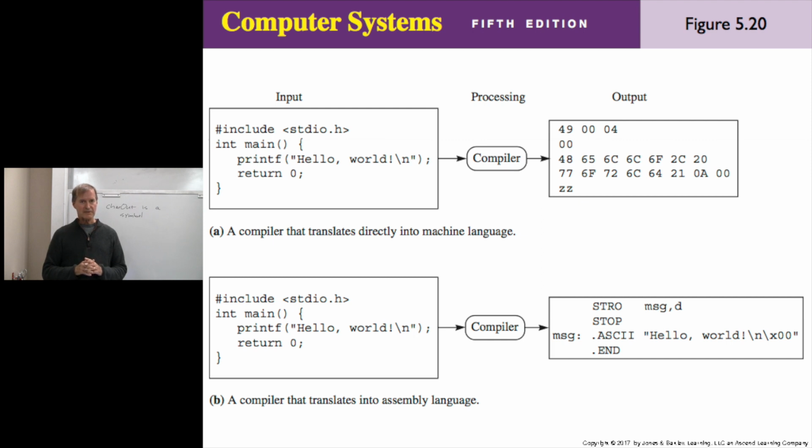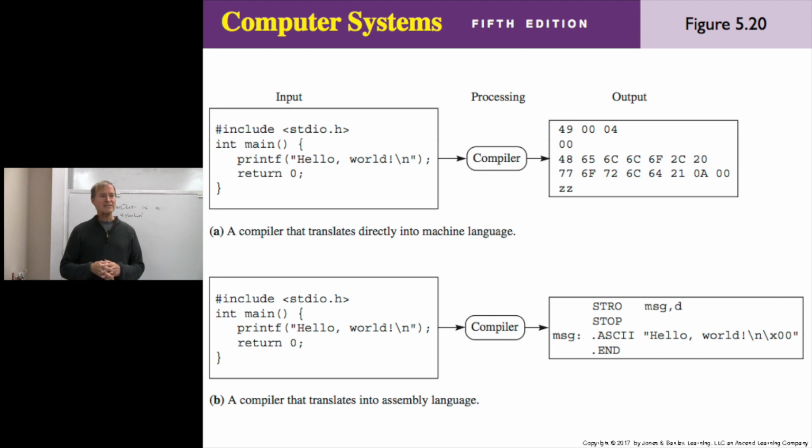So the input to the compiler is a what? An HL6 program. And what is the output of a compiler if it compiles directly into machine language? It's that: 490004, 00486566, and so on. Does everybody see? Literally, that's what it is.